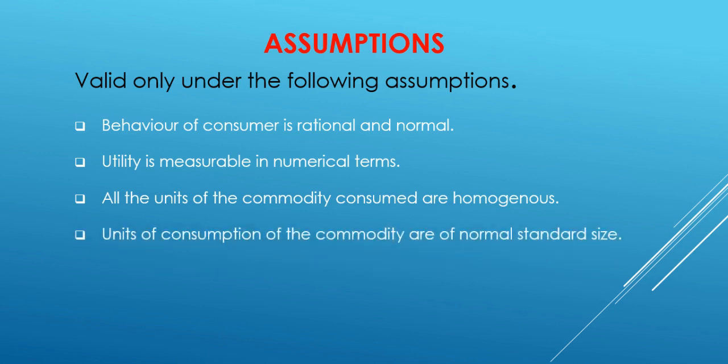Units of consumption of the commodity are of normal standard size. If you want to understand this theory, a person should consume a type of commodity whose size is normal.